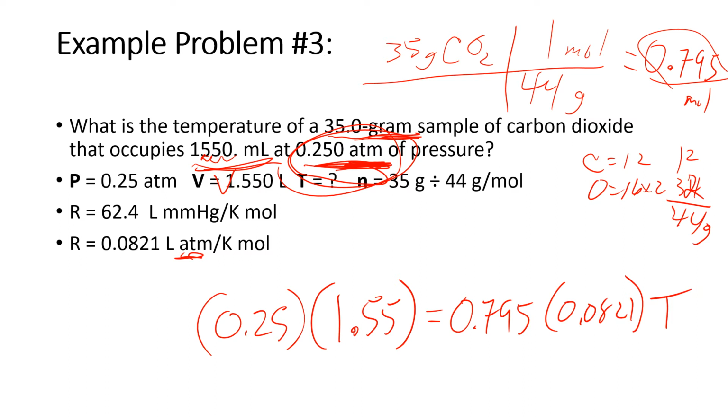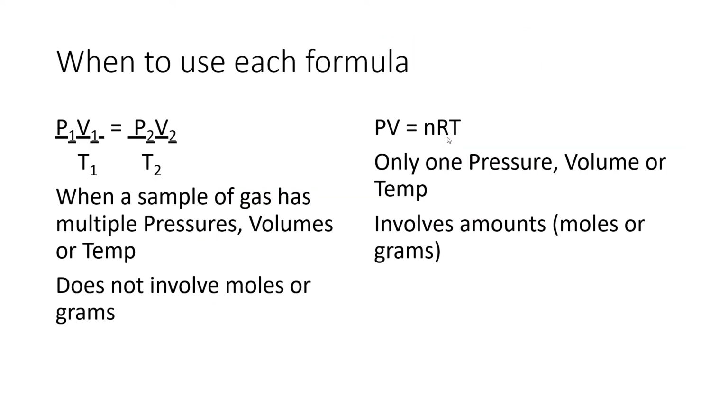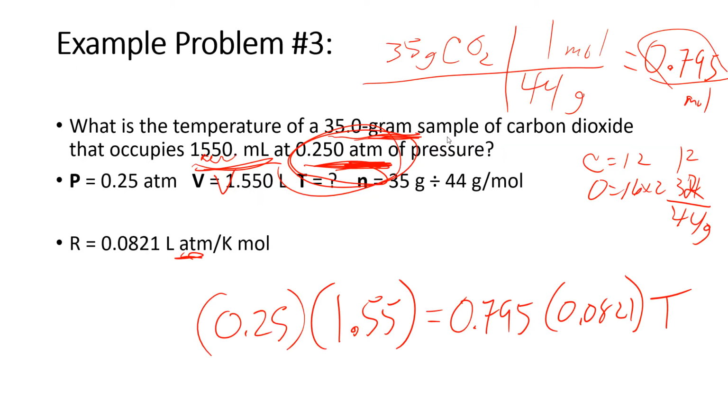Can I do this one? All right, so there's the math that I did. I'm showing you there if you look at this without the video. So 0.25 times 1.55 divided by 0.795 divided by 0.0821 gives 5.93 as our temperature.